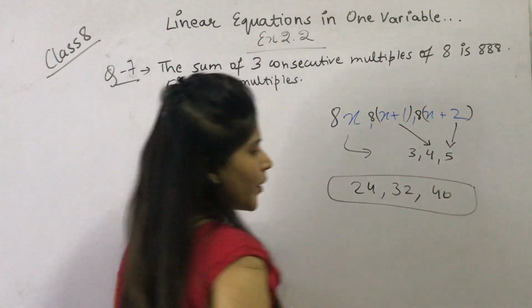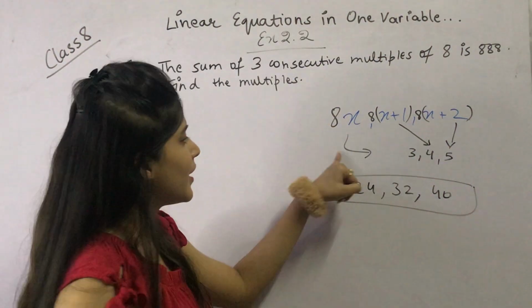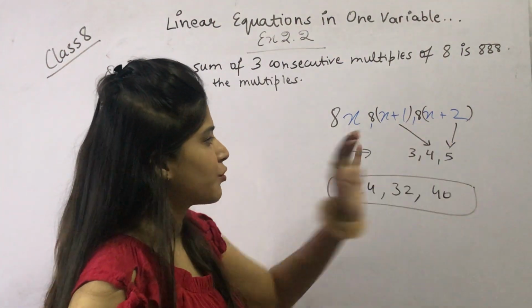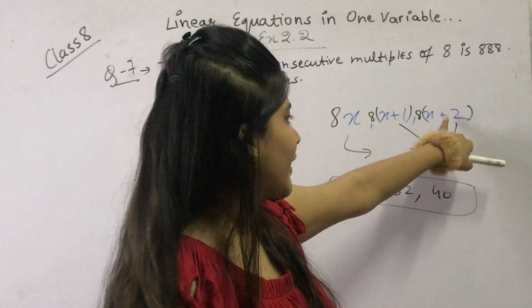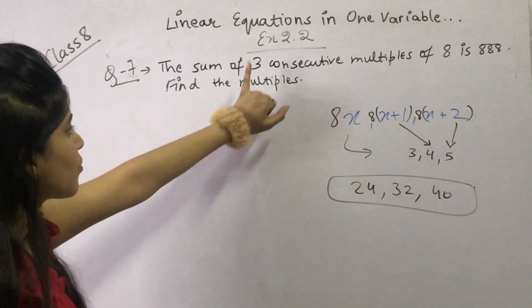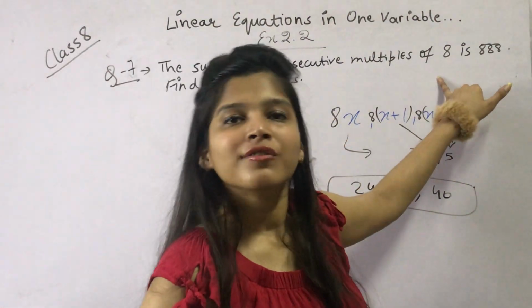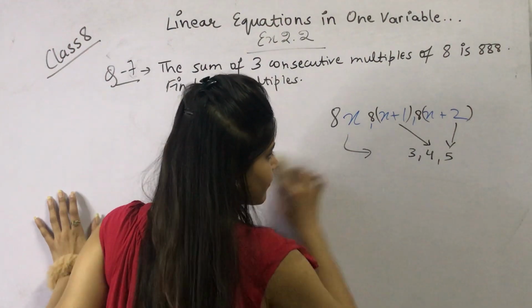So these three consecutive numbers will be our multiples of 8. Why? Because we have taken x, x+1 and x+2. So simply, consecutive integers are x, x+1, x+2, and we simply have to multiply them by 8 to get 3 consecutive multiples of 8. So I hope this concept is clear.